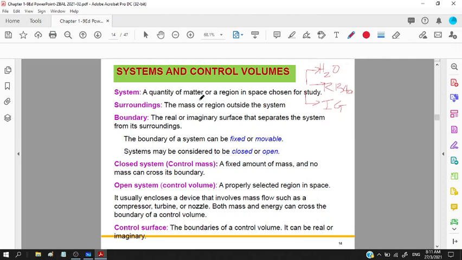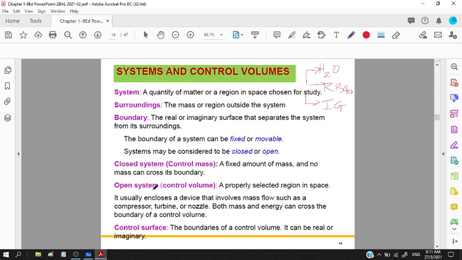And then what is surrounding? The surrounding is anything outside of the system. And boundary is an imaginary line that we try to sketch to separate the system and the surrounding. And we have two types of boundary. One is fixed, one is movable, and it can be considered as a closed or open system, or control volume system.